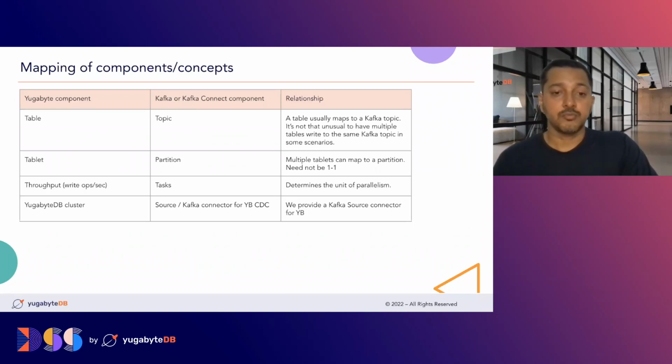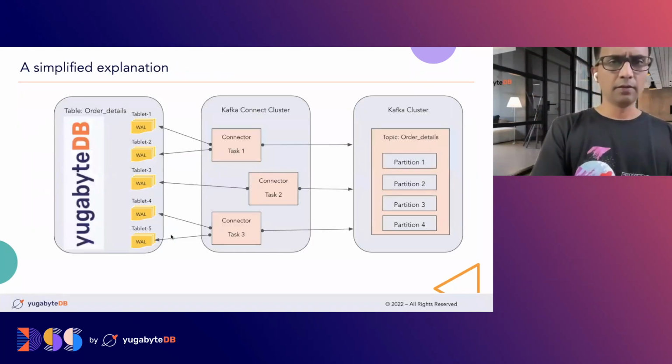In some cases, you may also want to increase the number of worker nodes, in case the capacity of the Kafka Connect cluster is not able to fetch data at the rate at which write operations are taking place in YugabyteDB. And the YugabyteDB cluster, because it's a distributed cluster, is almost similar to the Kafka and Kafka Connect clusters outside.